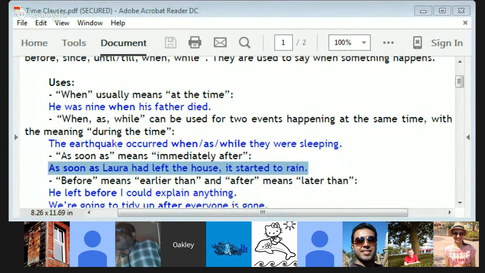So after any of these, before, since, until, when, while, as soon as, any of these subordinators we're looking at today, you cannot ever follow it with a future tense. If you use them in sentences that talk about the future, you have to use present tense in that clause.